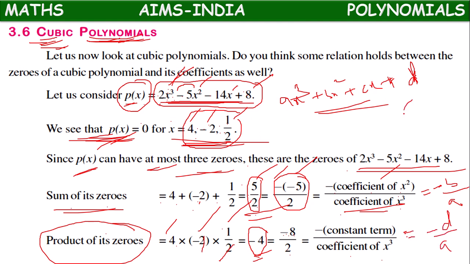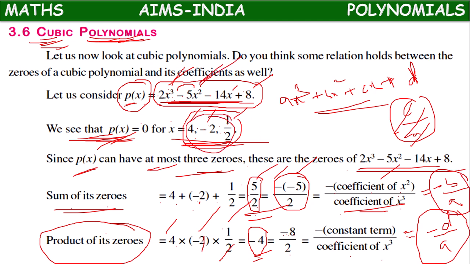For a quadratic polynomial it was c by a, but for a cubic polynomial it is minus d by a. Like this, based on the zeros of this cubic polynomial, we have related the sum of zeros and the product of zeros with the coefficients of the terms of the cubic polynomial.